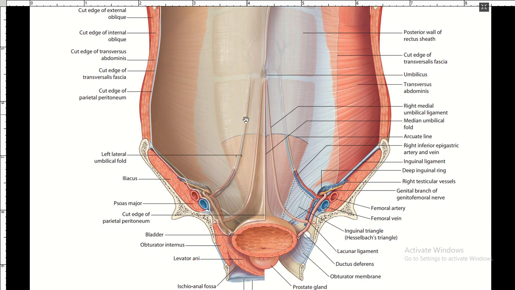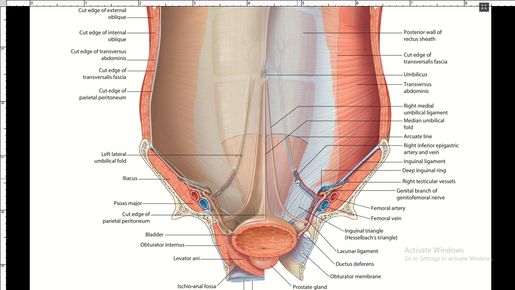Then we are going to have another fold, which is called a lateral umbilical fold. There are two of them, left and right. Good. The lateral umbilical fold is made of the inferior epigastric artery and inferior epigastric vein.